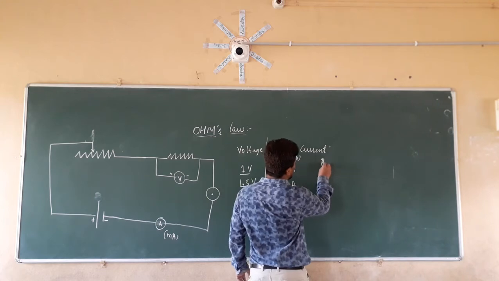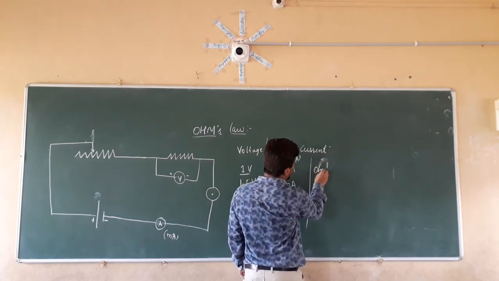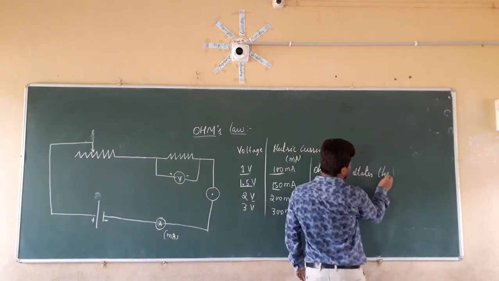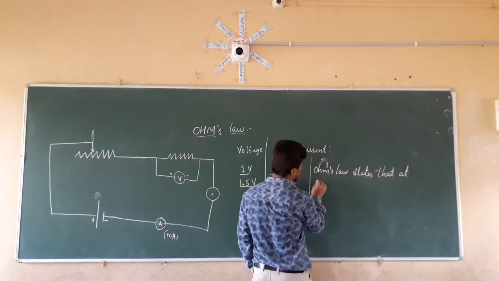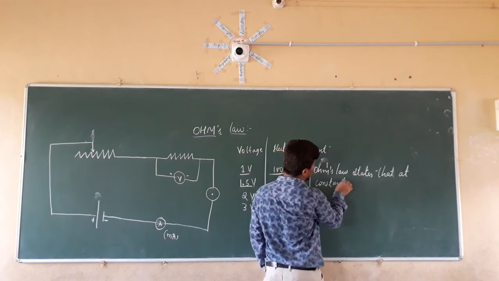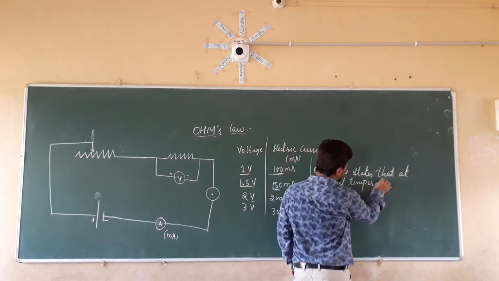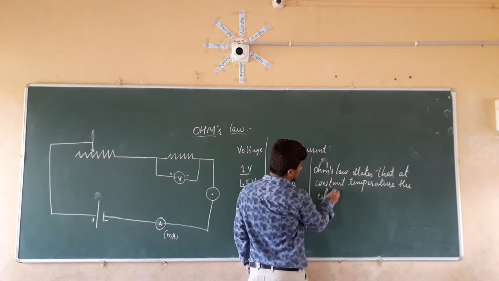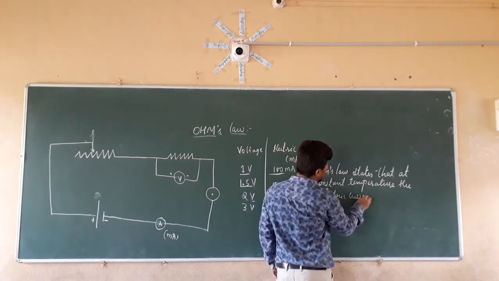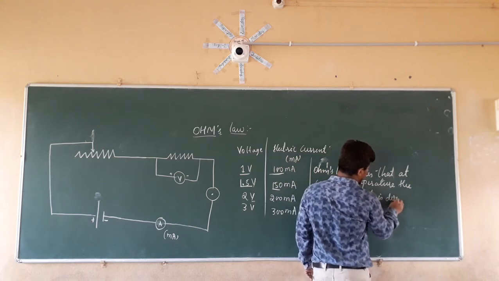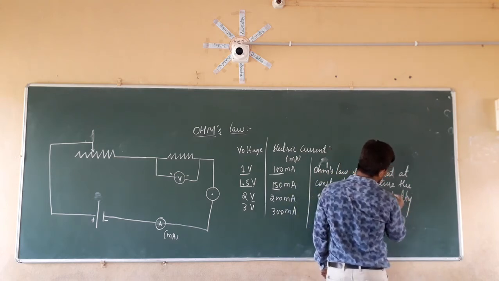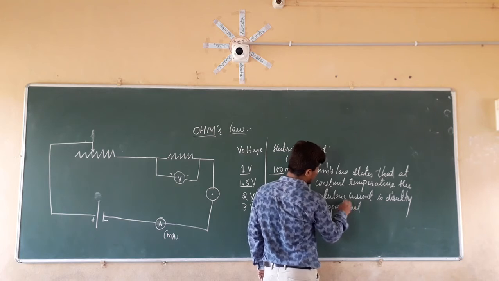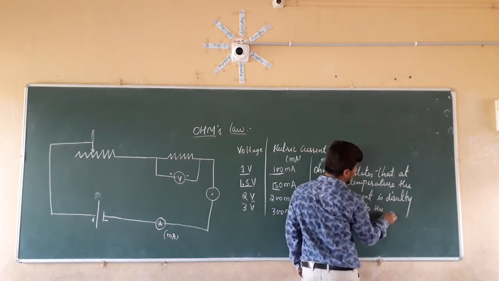So Ohm's law states that at constant temperature, the electric current is directly proportional to the potential difference.